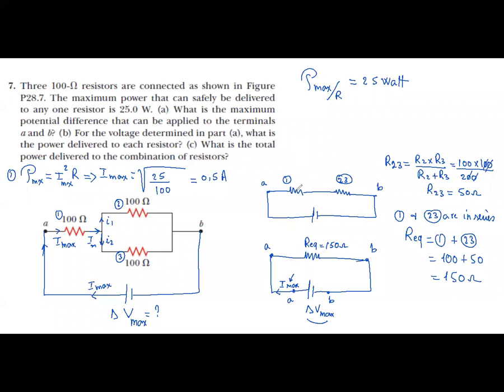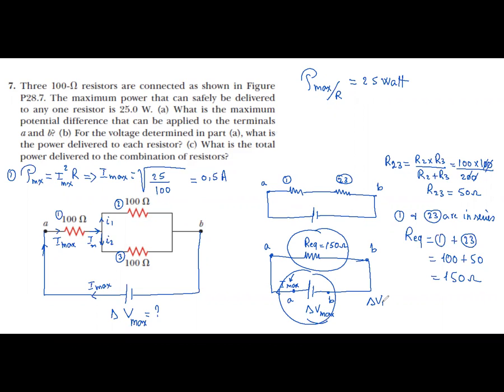Now we calculated the value of I. We come back here. We have I, we have R, so we can calculate delta V. Delta V at the resistance equals delta V at the battery because we have the same node.